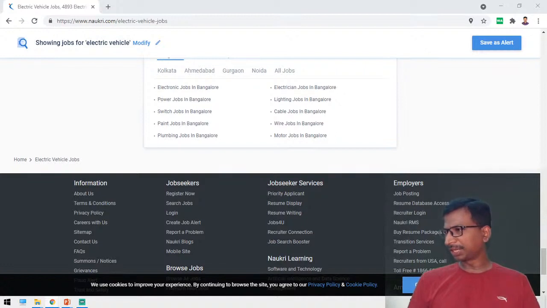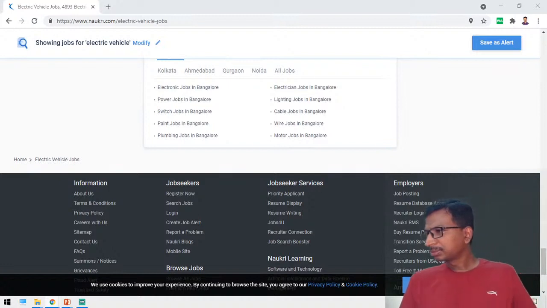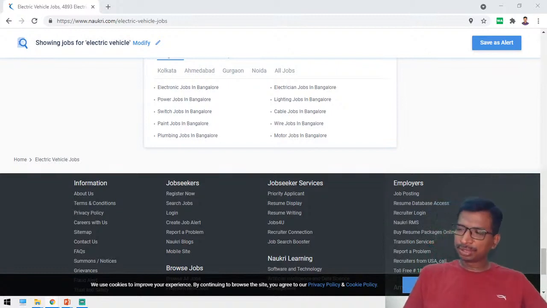Transformers are not required here. Yes, Dr. Govindraj, Tata Nexon is one of the biggest milestones in the EV segment.